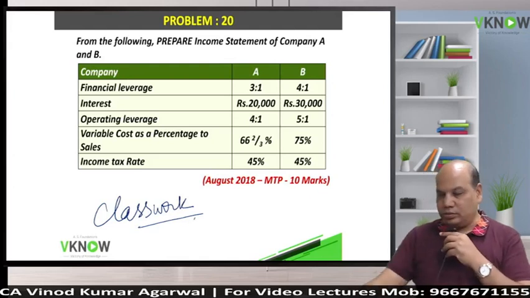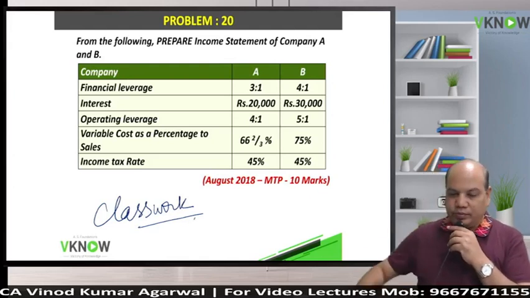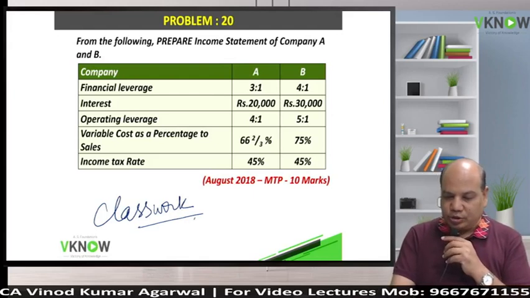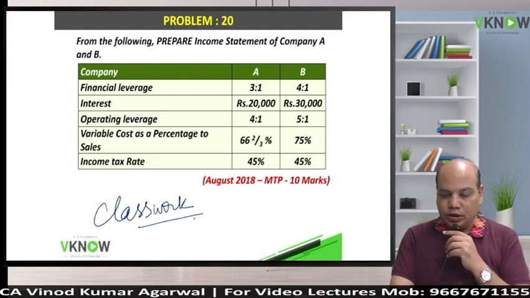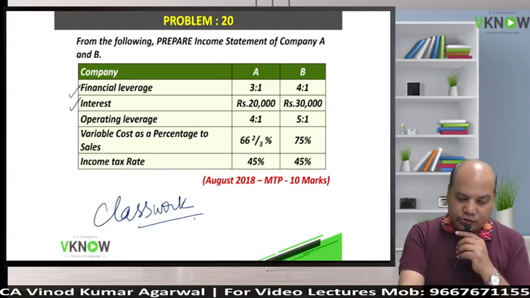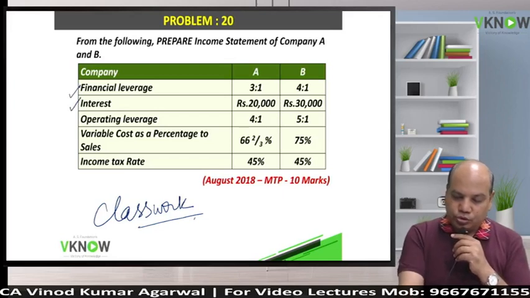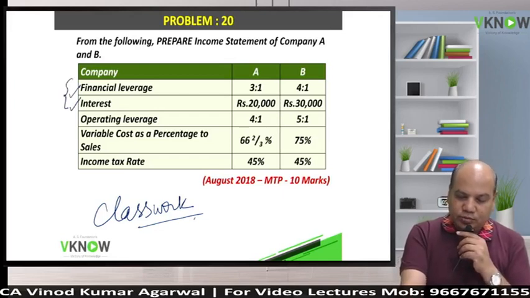Okay, let us try together. Prepare income statement of A and B. Financial leverage is given, interest is given. So using these two, you can find EBIT. EBIT and operating leverage you can use and find contribution.